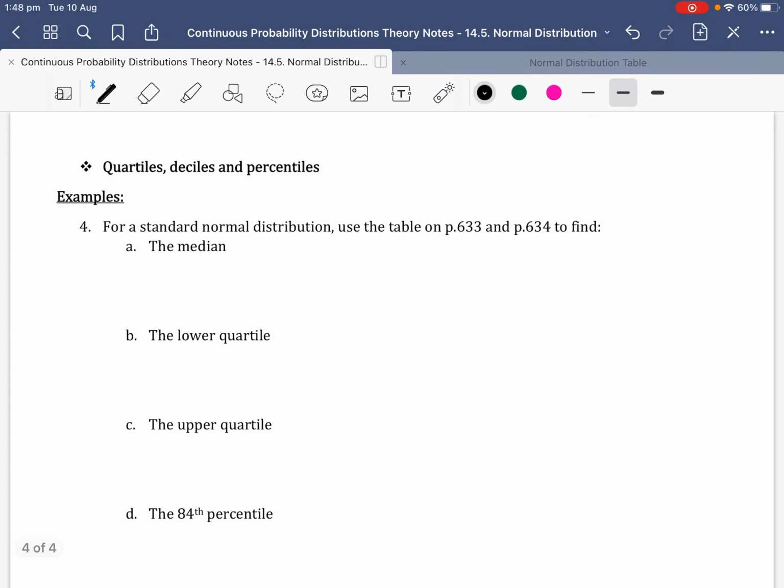Now to talk about quartiles, deciles, and percentiles. For a standard normal distribution, use the table on page 633 and page 634, or on the attached document on Canvas, to find the median. What the median does is it separates the bottom half of scores. So we want to find the score with the cumulative probability of 0.5 in the table.